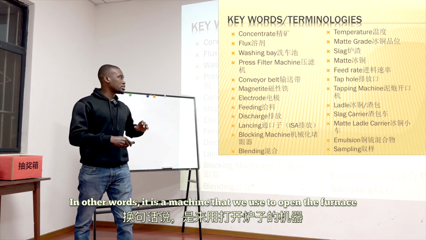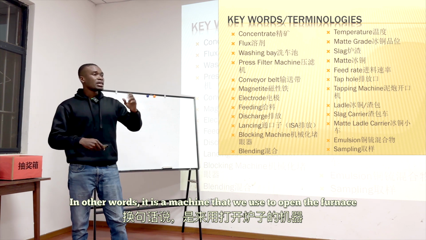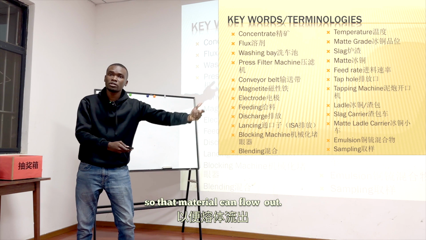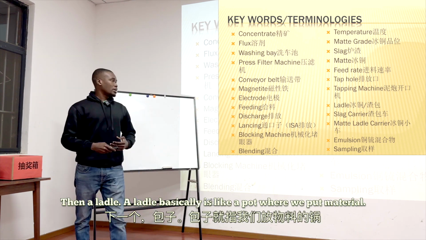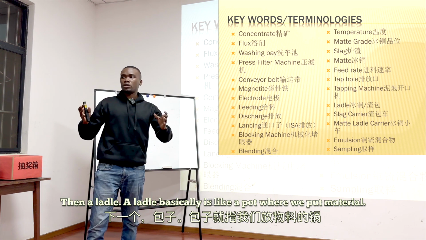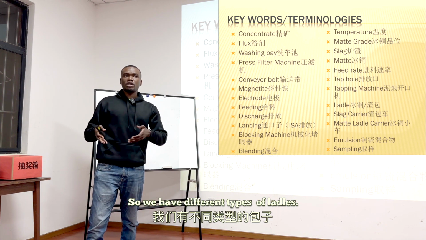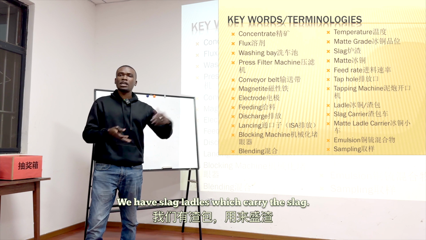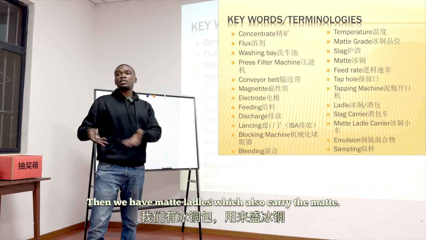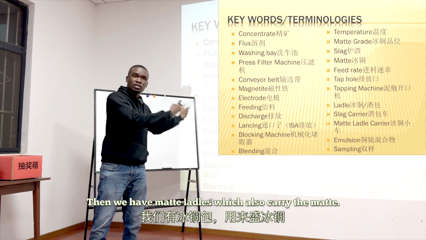In other words, it is a machine that we use to open the furnace so that material can flow out. Then a ladle. A ladle is basically like a pot where we put material. We have different types of ladles. We have slag ladles, which carry the slag. Then we have matte ladles, which carry the matte.